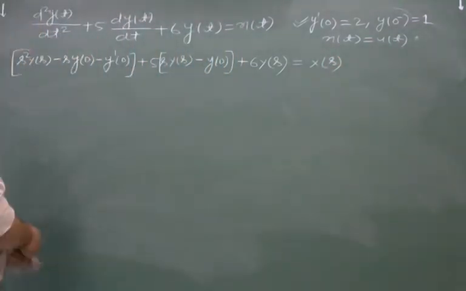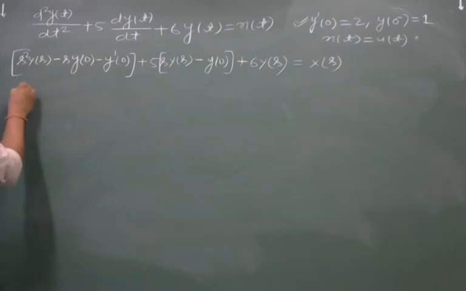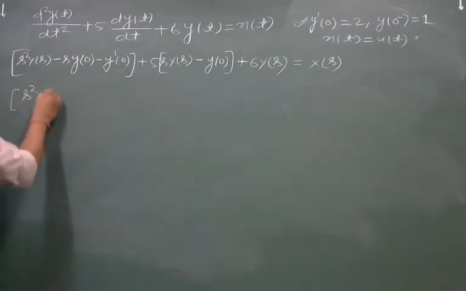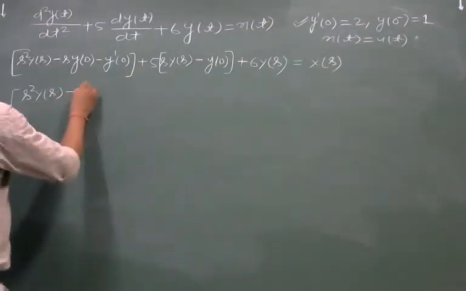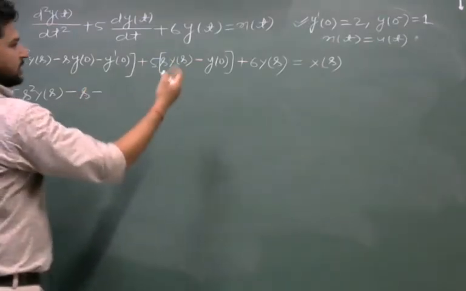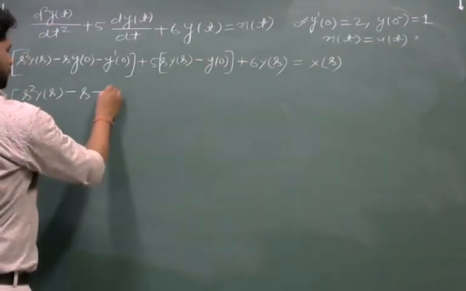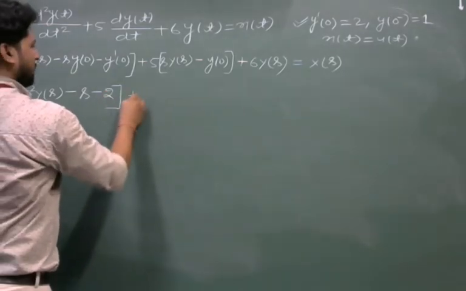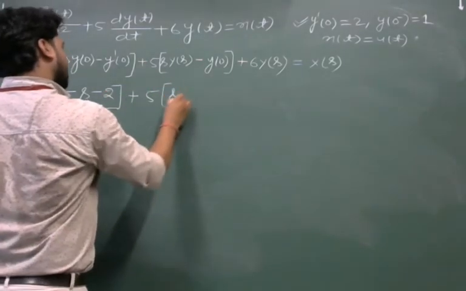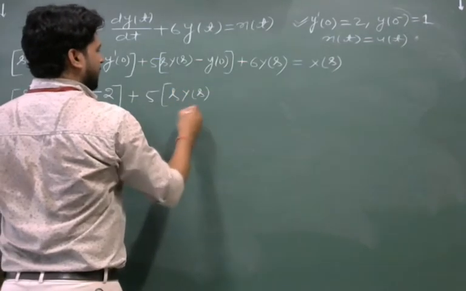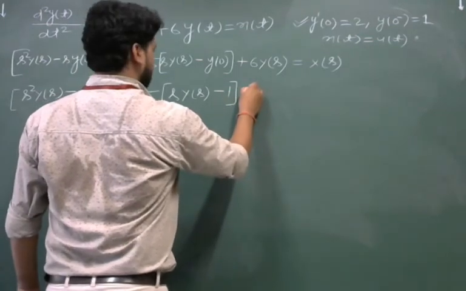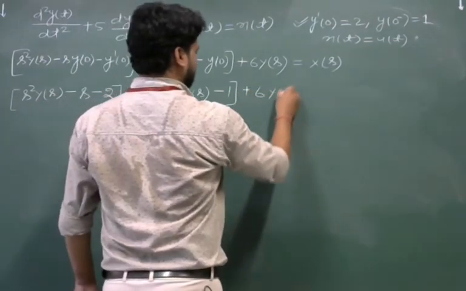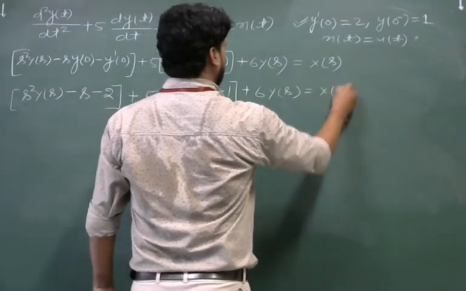From here we will put in all the initial conditions, and this will become s² Y(s) - s, since y(0) is given as 1, minus 2, since y'(0) is given as 2, plus 5 times (s·Y(s) - 1), plus 6 Y(s) is equal to X(s).